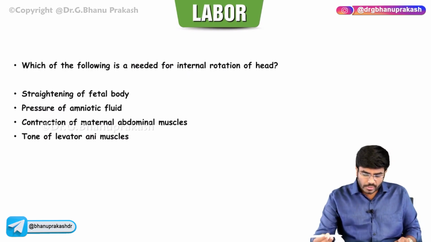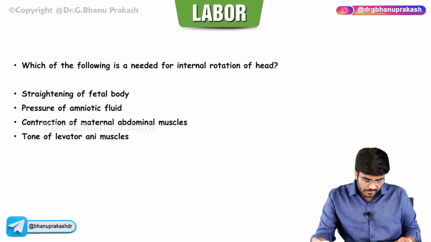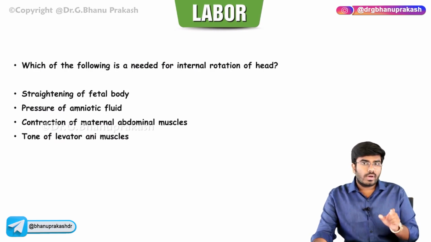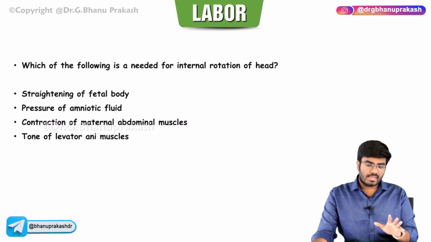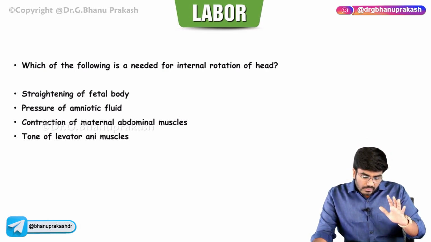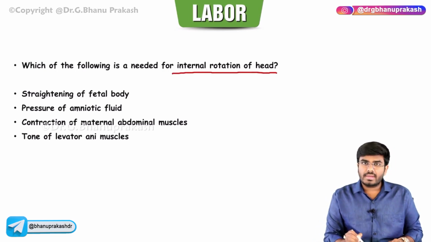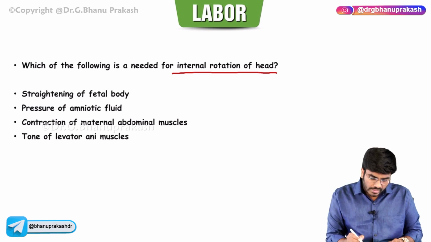Now, which of the following is needed for internal rotation of the head? Guys, we have seen what we need for engagement and what we need for descent. Now what we are saying is, what are the prerequisites for internal rotation of the head? Straightening of the fetal body is needed for descent.